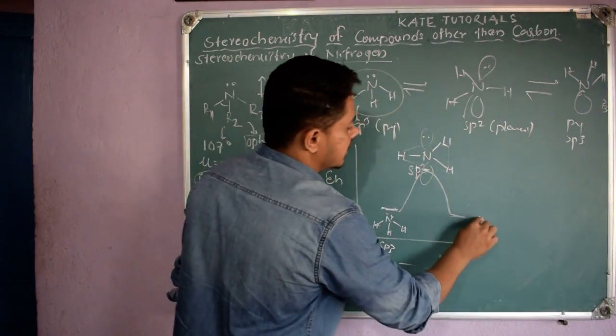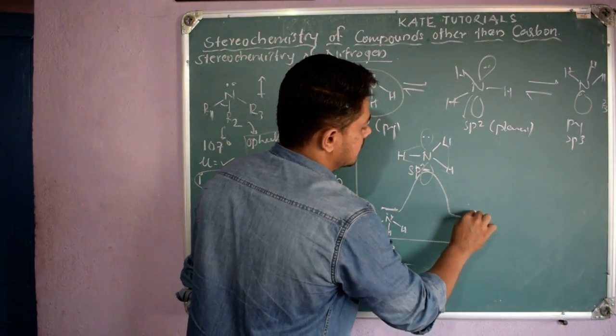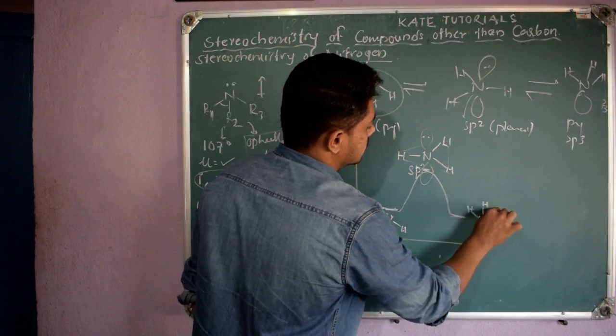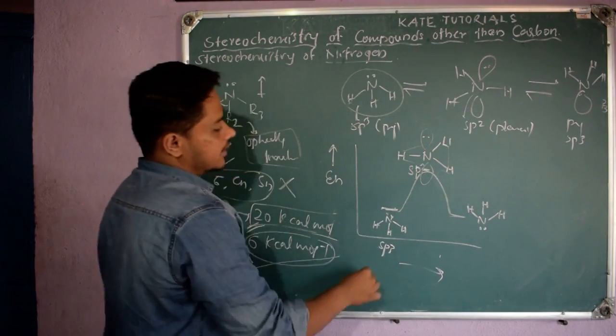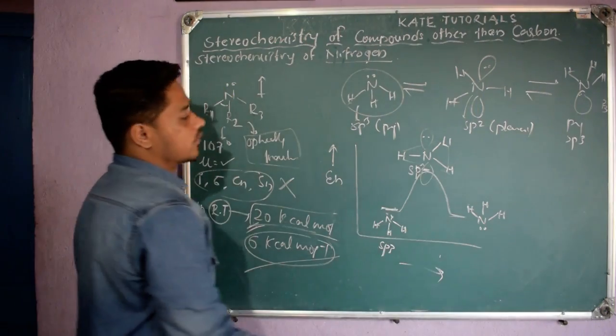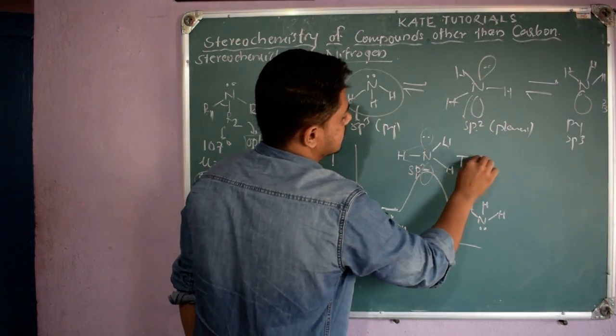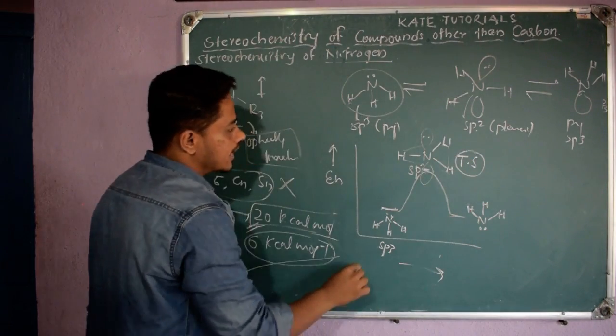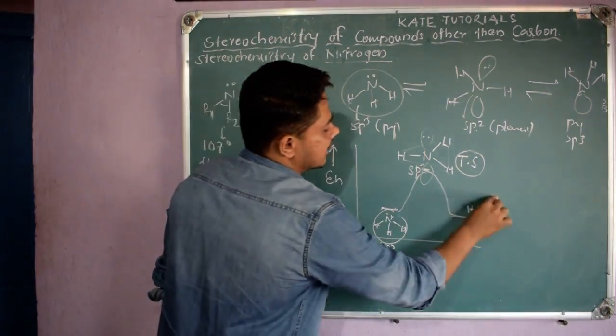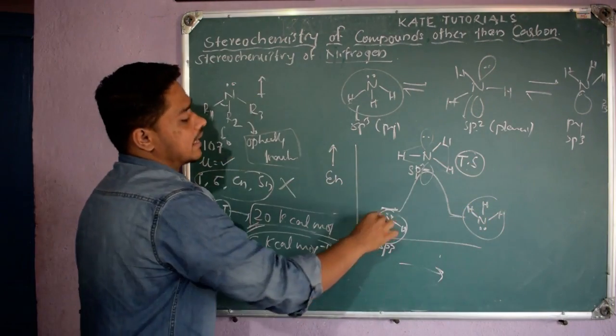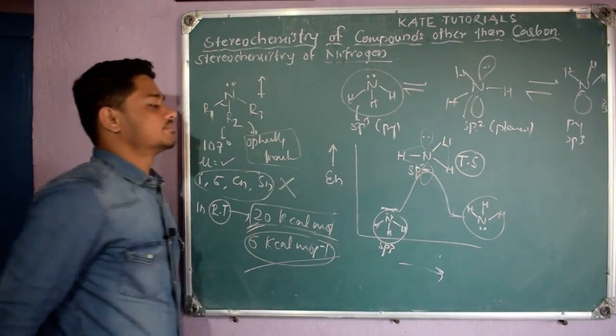Here we have nitrogen like this, lone pair here, 1 hydrogen, 2 hydrogen and 3 hydrogen. So here it has been inverted. During inversion, through a transition state, which I have written here, this is the energy diagram. It converted like this through a transition state.